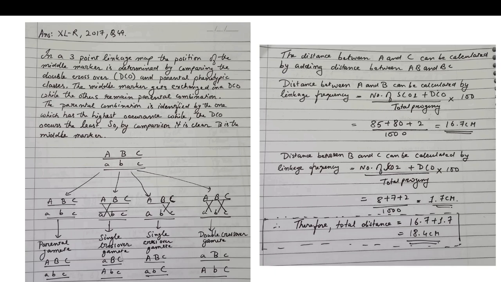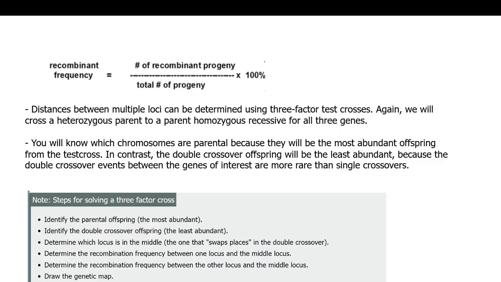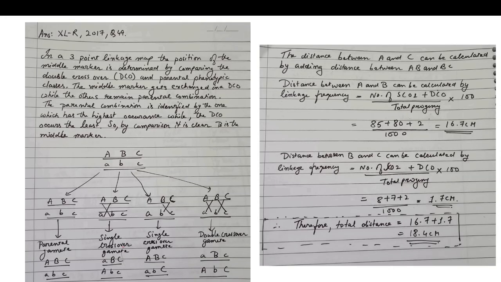The position of the middle marker is determined by comparing the double crossover and the parental phenotype classes. Just like I have said, you need to find the middle locus, and you also need to identify the parental offspring and the double crossovers. Then only you will proceed. The middle marker gets exchanged in a double crossover while the others remain in parental combination.